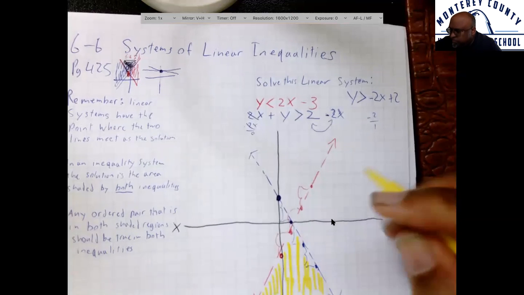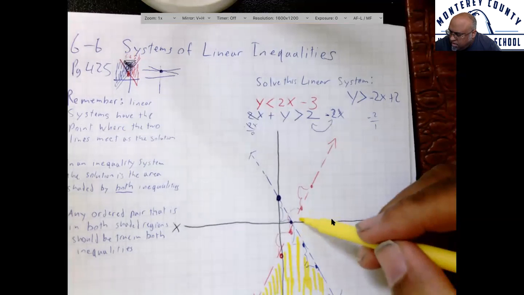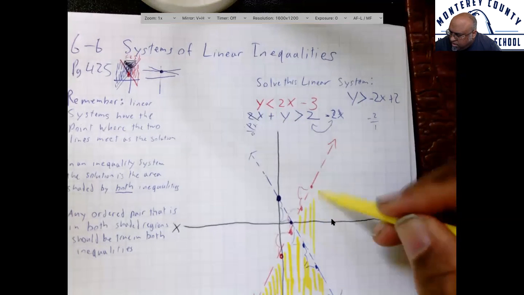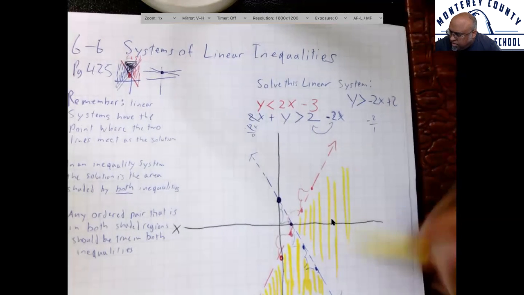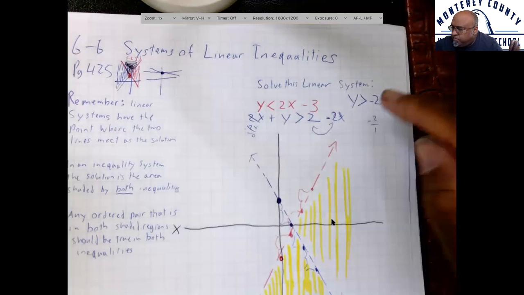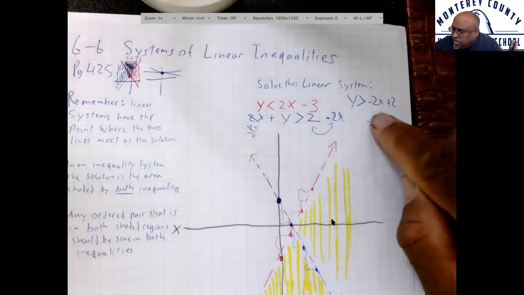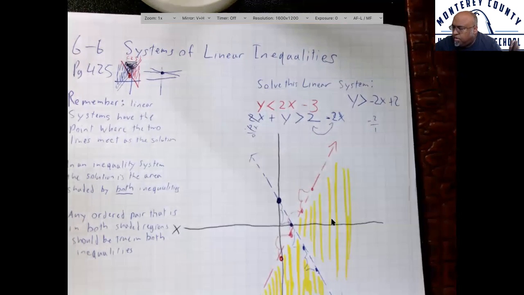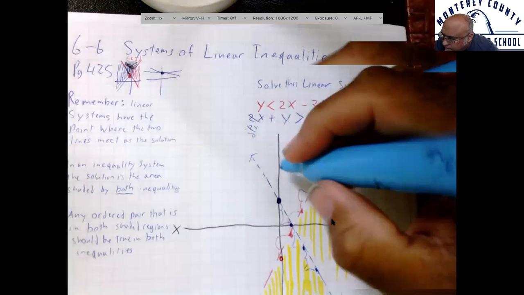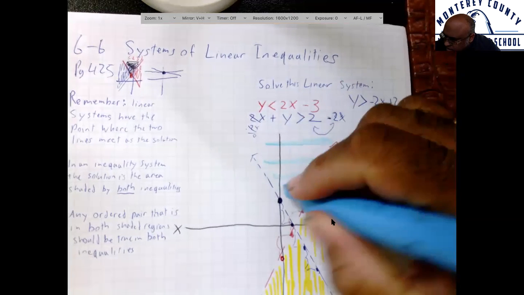But there's also this blue line here. But I'll go ahead and just shade everything there anyways. Now the blue line ends up being y is greater than negative 2x plus 2. So since it's greater than, everything above this line should be shaded.